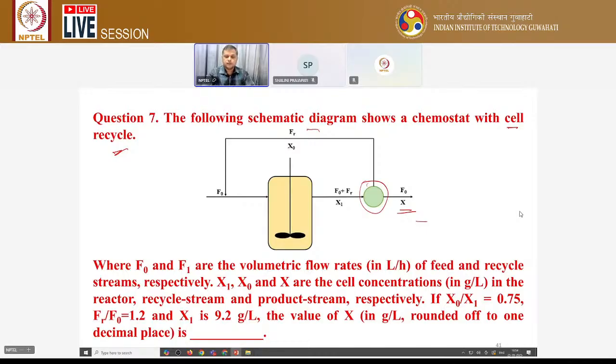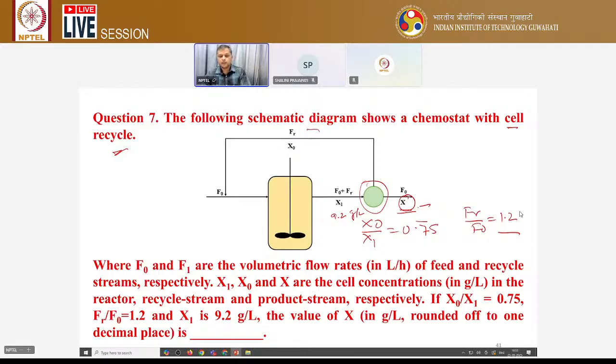So F1 is going out and FR is recycling. Now the ratio is given as X0 upon X1 as 0.75 and FR upon F0 as 1.2. And the value of X1 here is given as 9.2 gram per liter. I have to find the value of X, which is in the system.